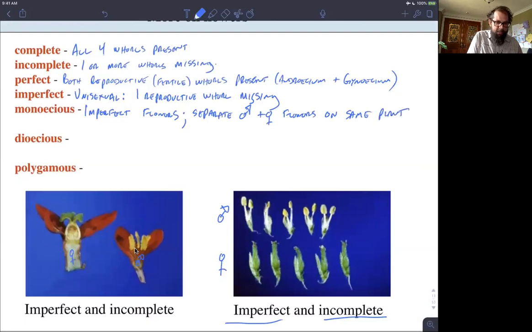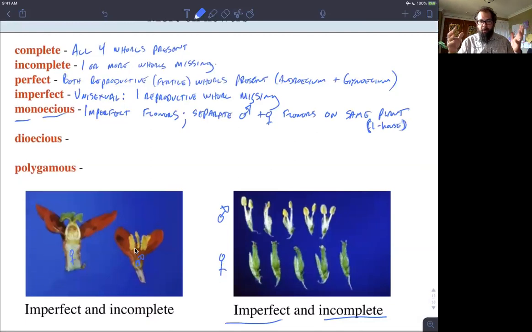If you remember that ecious is for house, mono is one house is the way that I remember this. So we've got unisexual flowers, but they both occur on the same plant. So we've got male flowers on one part of the plant, female flowers on another part of the plant, but they're on the same individual. So this is a monoecious plant.